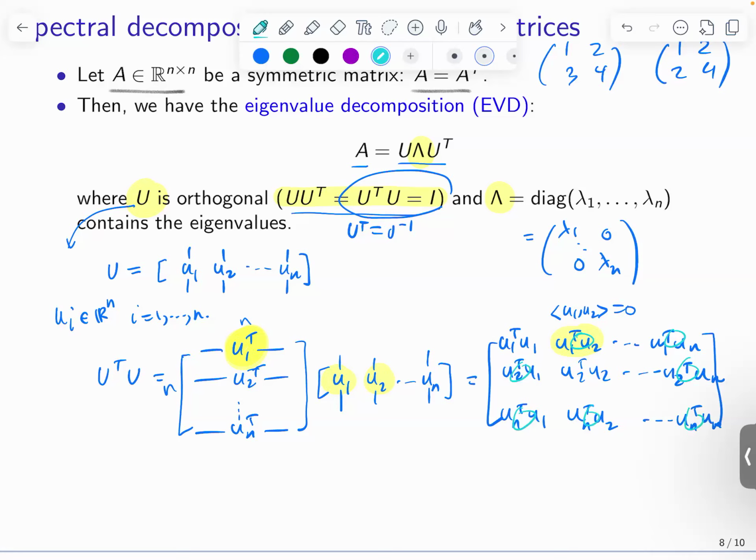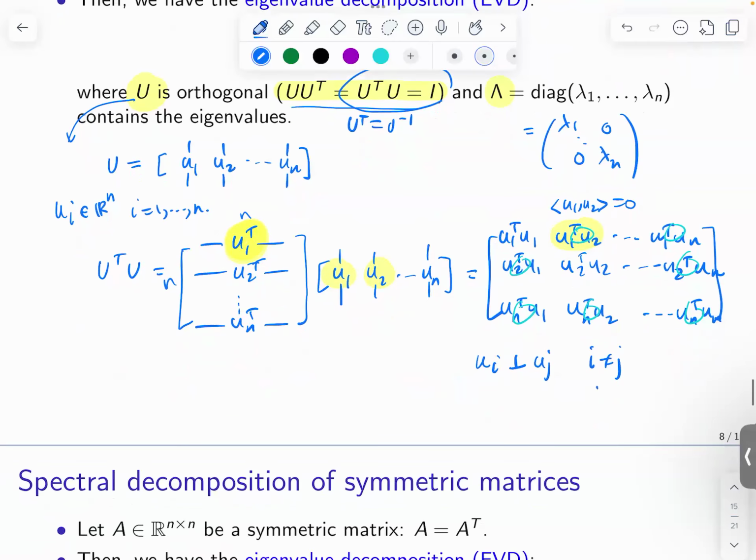So what this means is that all these vectors are pairwise orthogonal. Okay, so an orthogonal matrix has this property that every pair of columns are orthogonal to each other. So ui is perpendicular to uj if i is not equal to j. So what happens if i is equal to j?